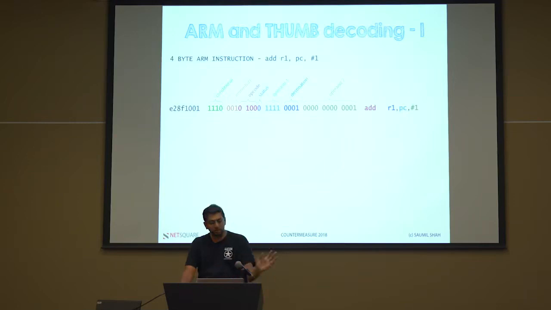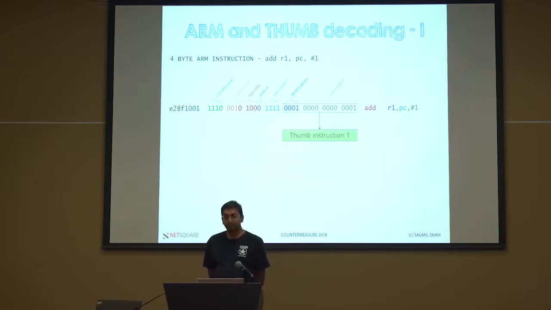Like the first 4 bits will be the conditional bits, then immediate, opcode, status, first operand, destination register, and second operand. The format of decoding is fixed. Now, if we take the least significant 16 bits, that is the first thumb instruction. Now we're going to split that and view them as 2 thumbs.